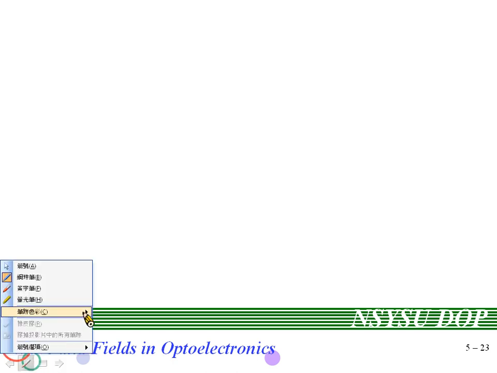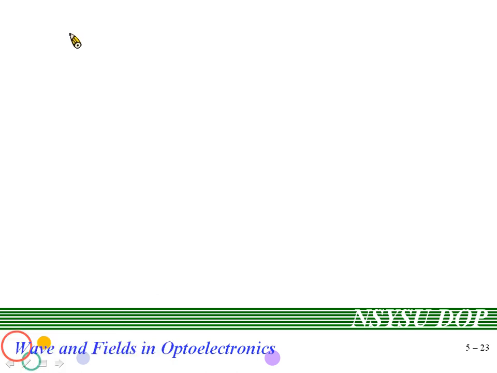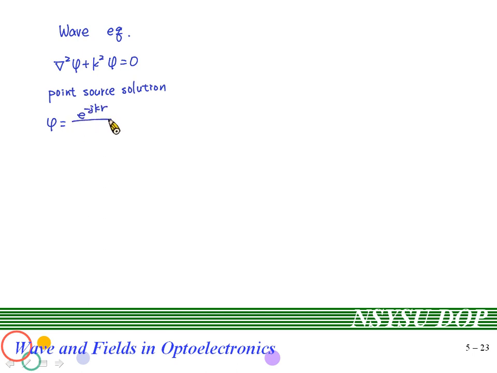Okay? So let me summarize what I have told you. We have started from the wave equation, and in the phasor form, the wave equation becomes the Helmholtz equation. And we know that the solution for the Helmholtz equation should be a point source solution, which can be written as exponential minus jkr over r.